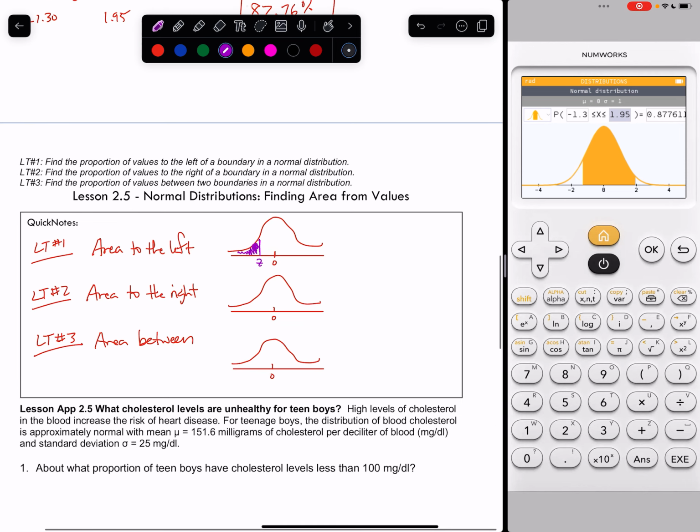And so how we do that is we do the proportion of x less than or equal to our z-score equals the area, right, the percentage.